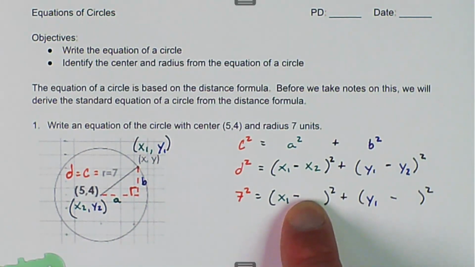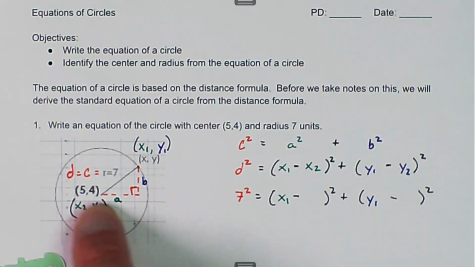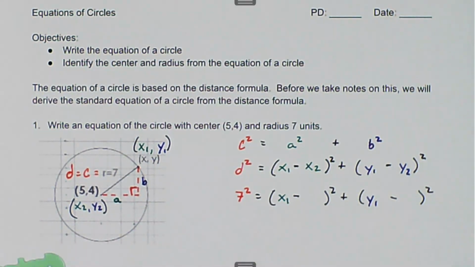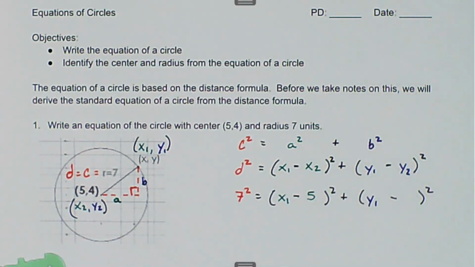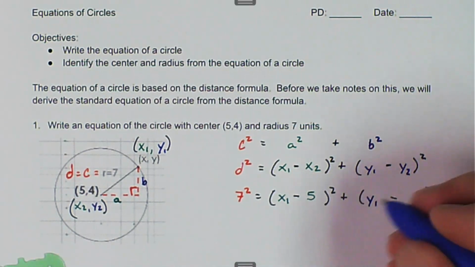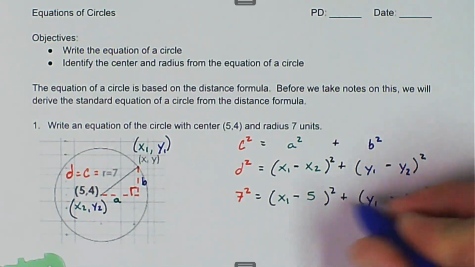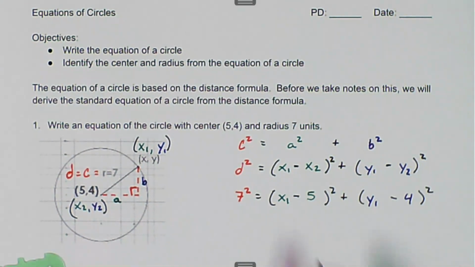This value here for x sub 2, that is our center point, whatever our center value is. So we're just going to substitute that right in. We're going to have 5 for the x value and 4 for the y value. Notice I didn't include any signs or anything like that because the negative sign was already there.